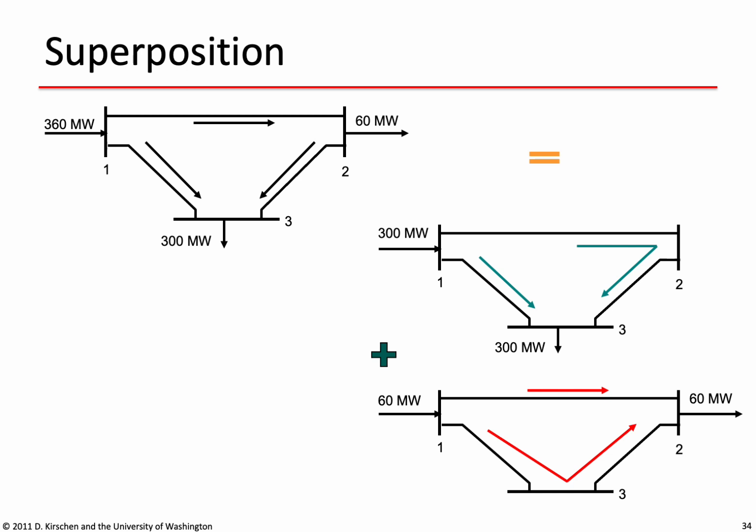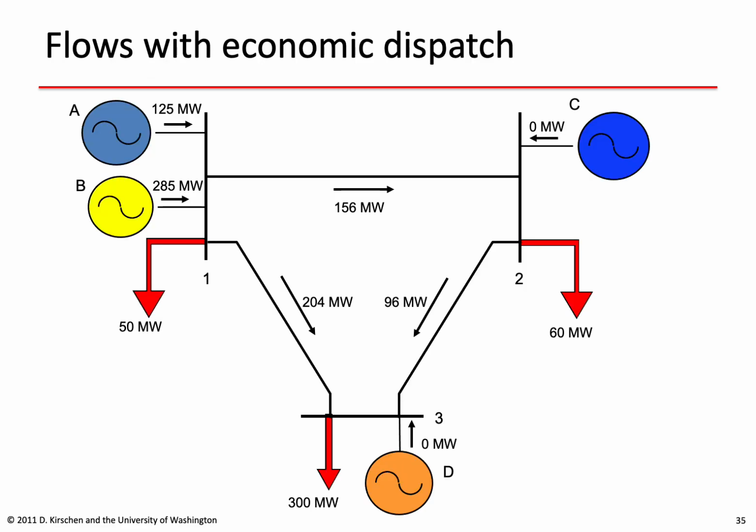This is a good exercise for you to remind yourself how to do a simple flow calculation assuming superposition. The solution is given on the net. And here's the solution. We have 156 megawatts flowing from bus 1 to bus 2, 204 megawatts flowing from bus 1 to bus 3, and 96 megawatts flowing from bus 2 to bus 3.